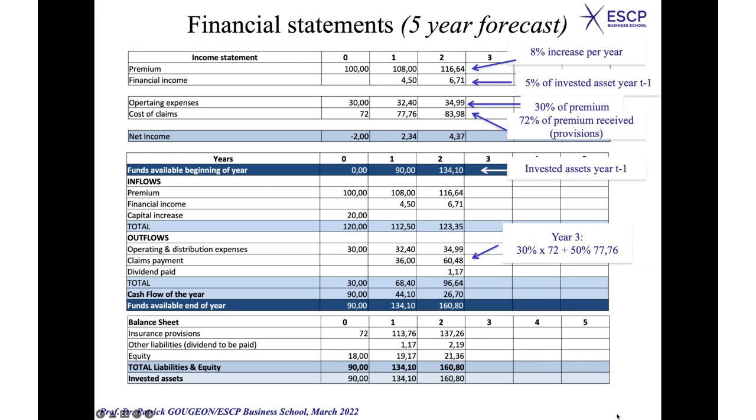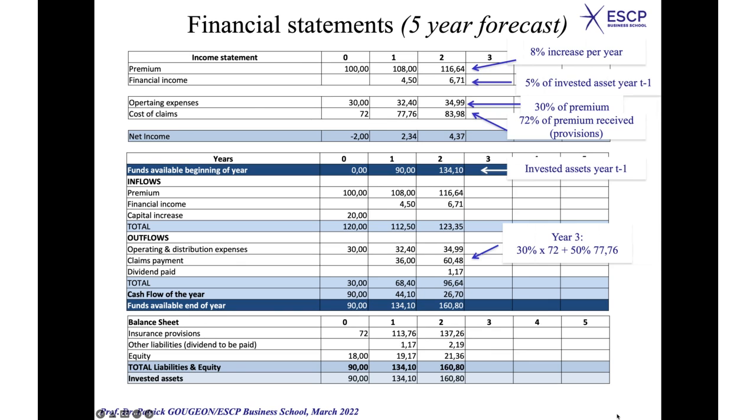plus the first installment of the second flow of premiums. That is 50% of 108 times 72%, because the loss ratio is 72%.